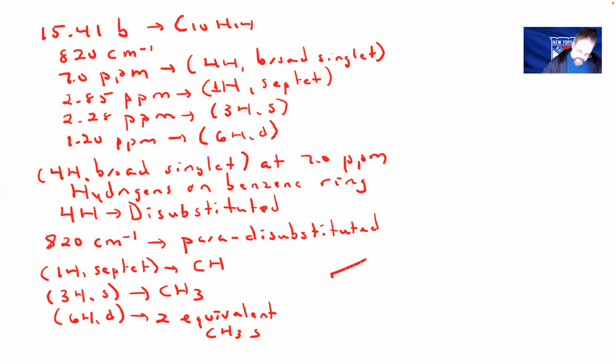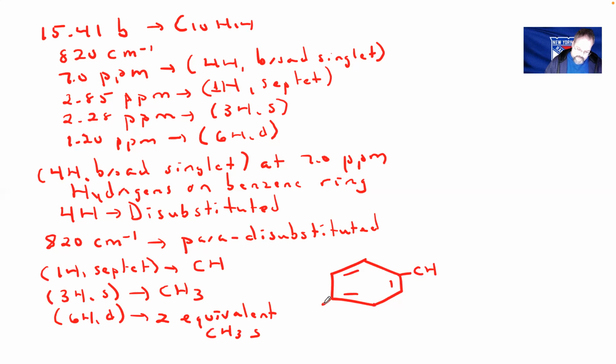So let's see what we got. Now, if I think about these pieces that are here, there's really only one way to connect these pieces to give us something para di-substituted. One of them would have to be the CH attached to the benzene ring.